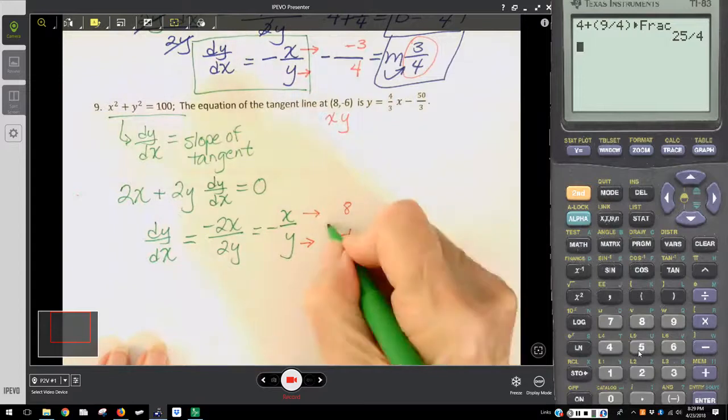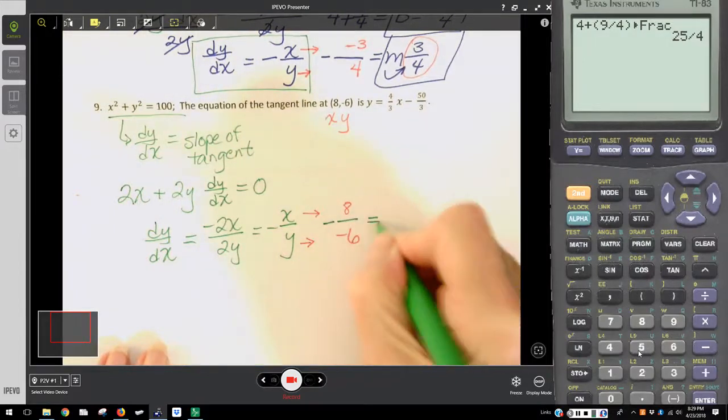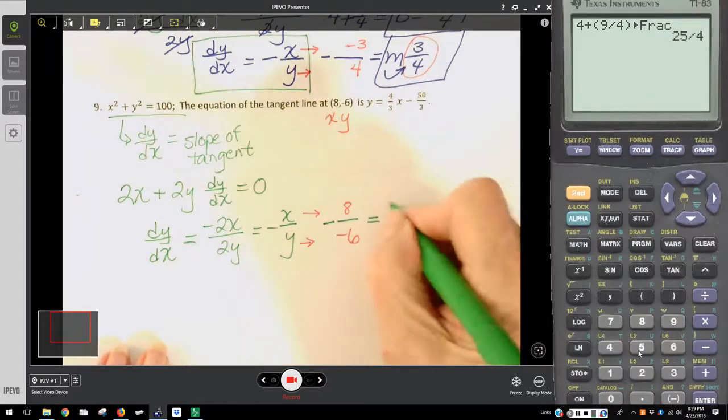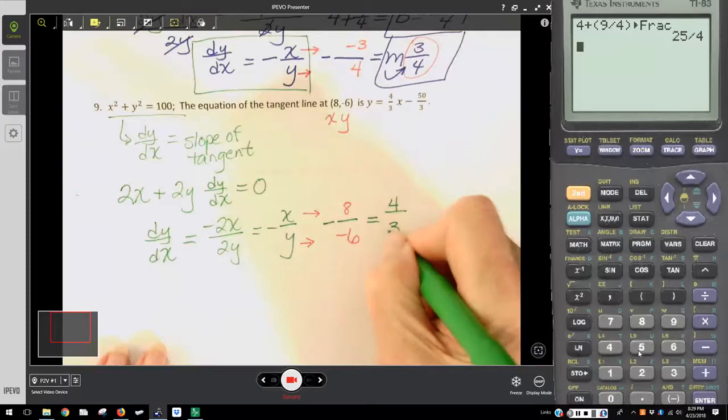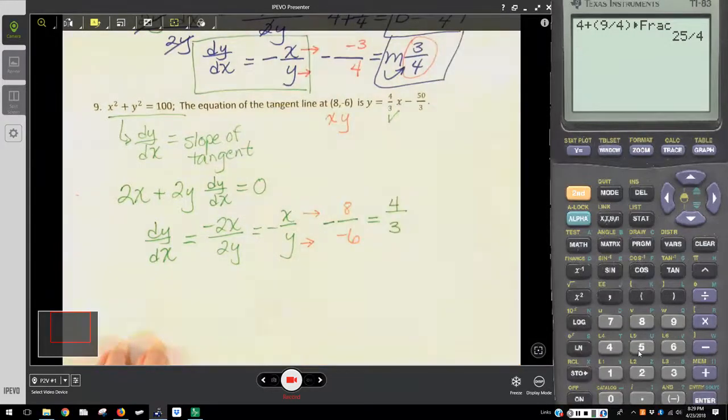So that means our slope, negative times negative is positive, and that's going to be 4 over 3, which is what it says that the slope is. And again, y equals mx plus b.